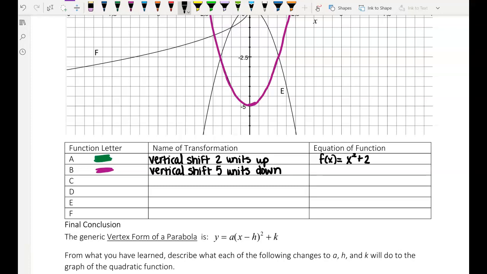So if I'm shifting down 5, what would my equation look like? F of x equals x squared minus 5. All we've done is change the k value. We did not change the h value, so we can just do a plus or minus depending on what direction the graph is moving.